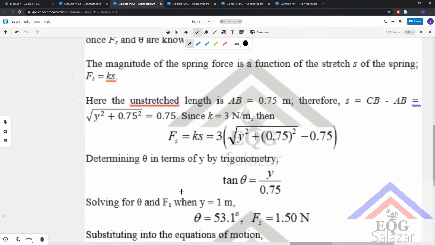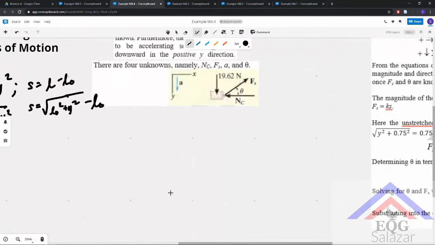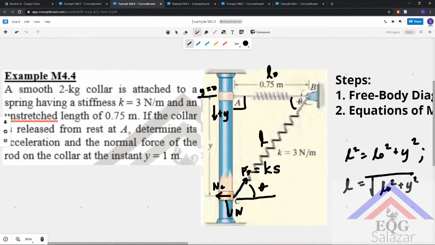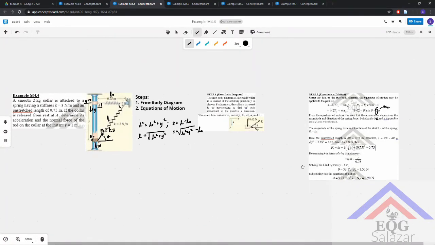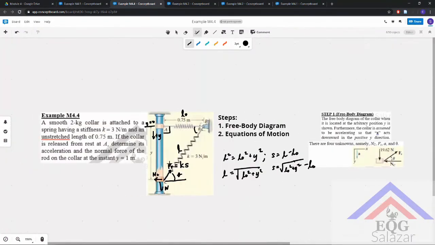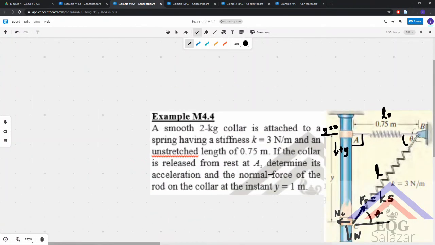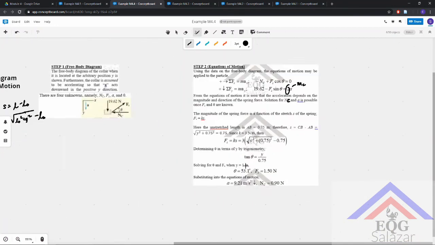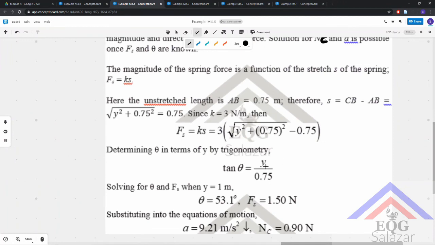Theta you can get in terms of y by trigonometry. Tangent theta is y over 0.75. Since the problem specified that we determine the acceleration and normal force of the rod on the collar at the instant y is equal to 1 meter, we can plug in y as 1, and solve for theta, which gives a theta of 53.1 degrees, while the force in the spring will be 1.5 newtons.